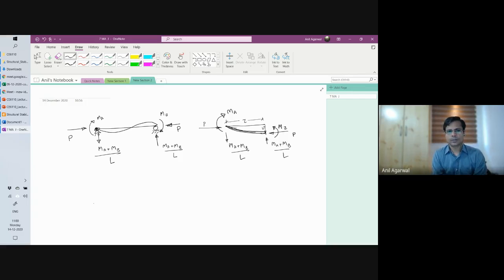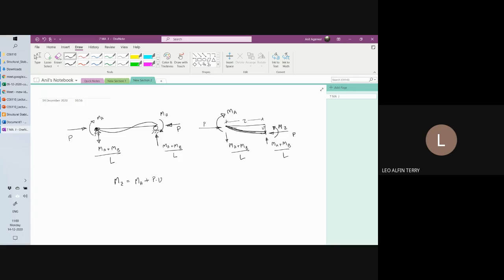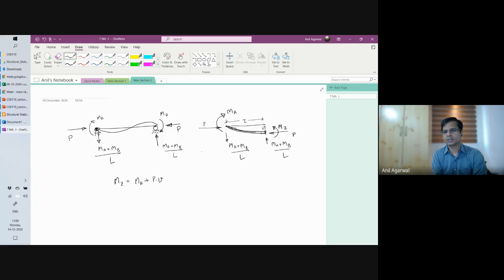What I want to know is how much is this MZ. So we can write the equilibrium equation, which will be MZ is equal to MA plus P times how much? Secondary moment, I'm saying. The two P values are not aligned. So P times V, right? P times V is giving me a clockwise moment. MA is also clockwise. P times V is clockwise.